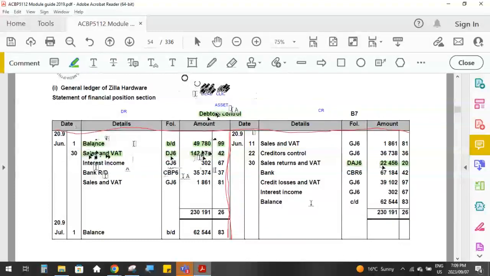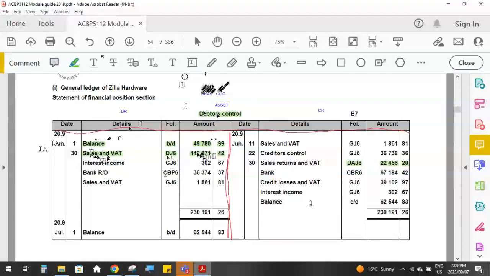So the total of the debtors control column from the debtors allowance journal is going to be a credit to debtors control, and the input VAT column will be a debit to input VAT, and the sales returns column will be a debit to sales returns.